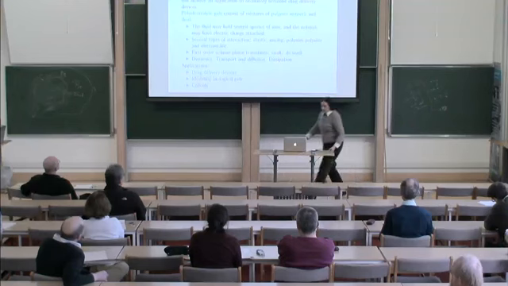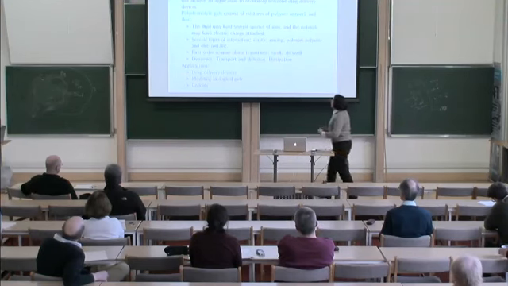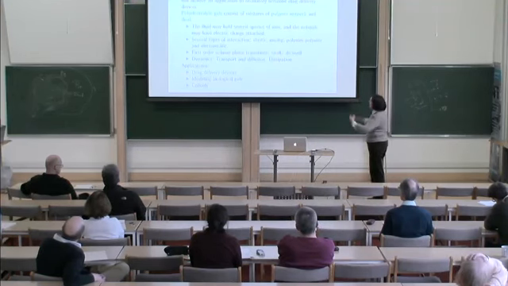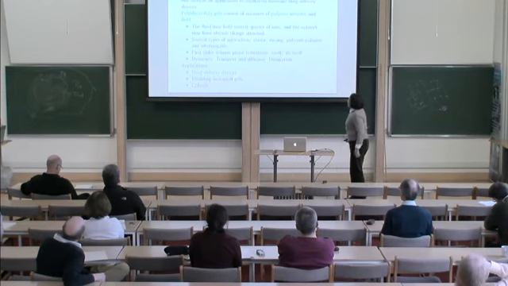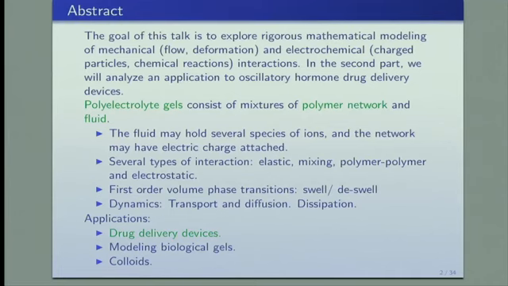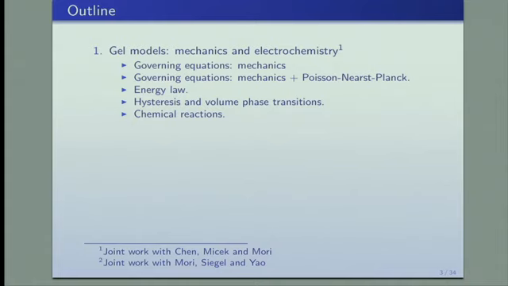Okay, so in the first part, I'll try to give you some idea. So first of all, we will talk about the model for gels, or the model that I proposed, the governing equations. First of all, we are going to look at mechanics.